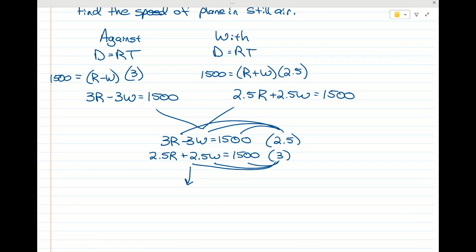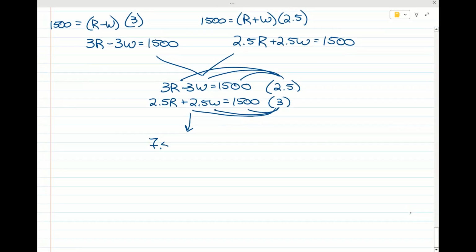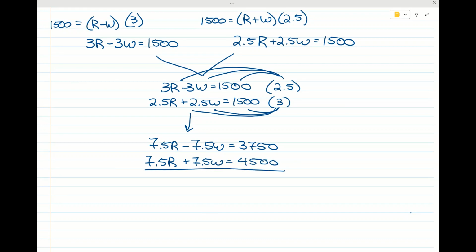And what this gives us is 7.5r minus 7.5w is equal to 3,750, and 7.5r plus 7.5w is equal to 4,500. So therefore, we could eliminate the w's. We get 15r is equal to 8,250, and the speed of the plane in still air is 550 miles an hour.